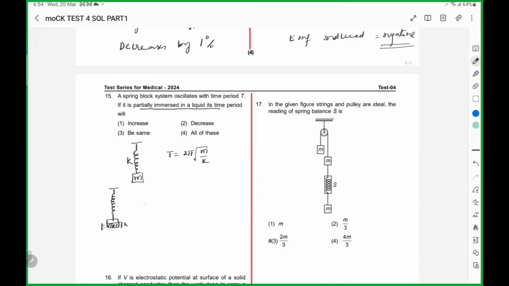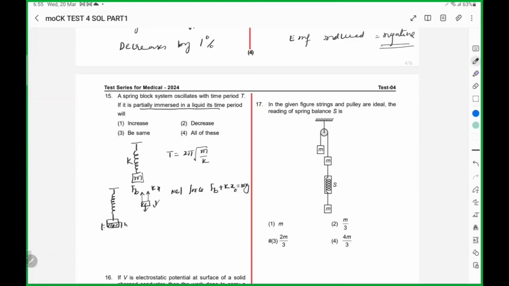So the additional thing here is that once it is immersed in a liquid, there will be a restoring force kx as well as the force of buoyancy. So initially net force will be in upward direction and x naught is the displacement of the spring.